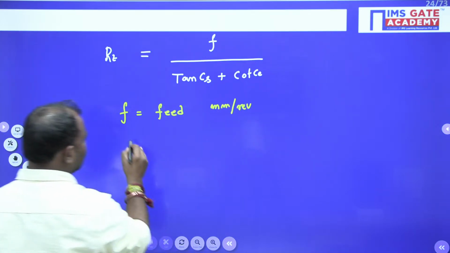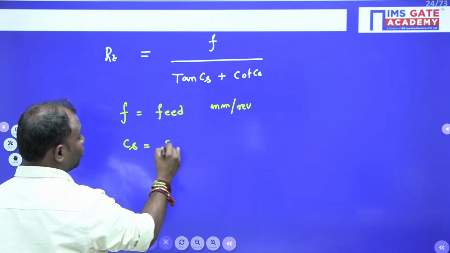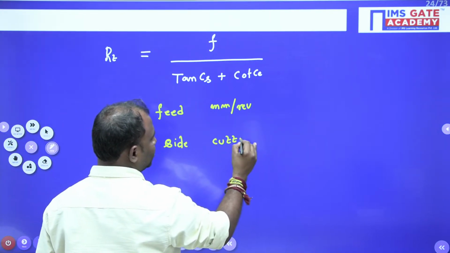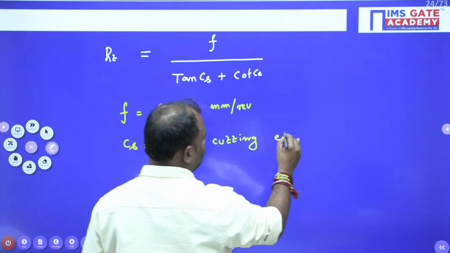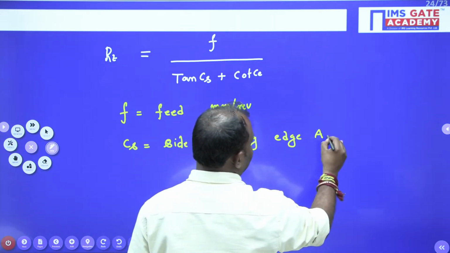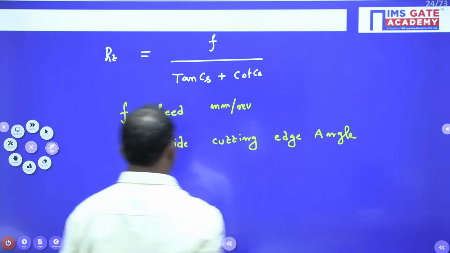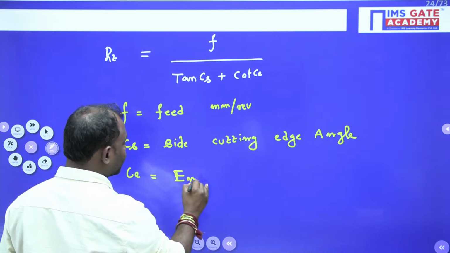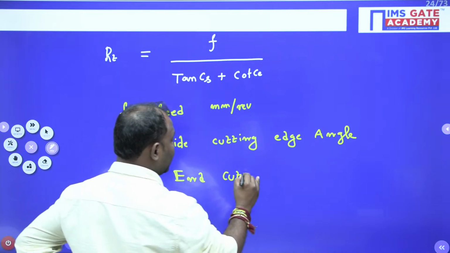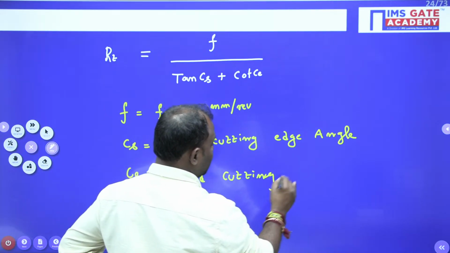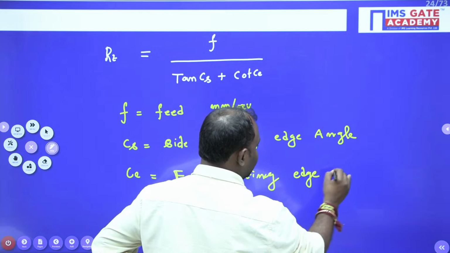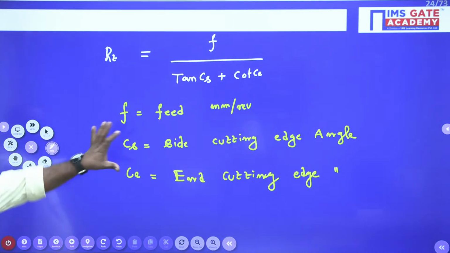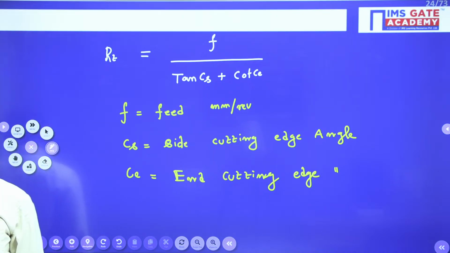Where CS is the side cutting edge angle, and CE is the end cutting edge angle, isn't it, guys? By using this also we can find out the surface roughness.